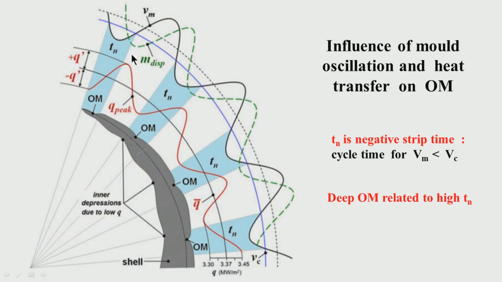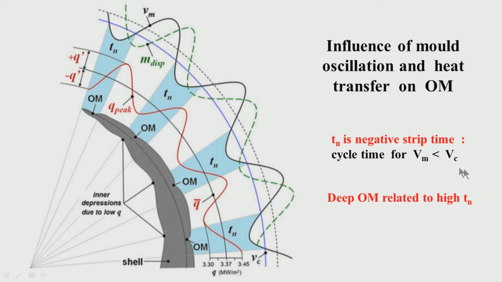Now, try to understand what negative strip time depends on. If you have higher casting speed, then what is happening? This blue line is going down. So, in the whole cycle, the portion of negative strip time also will be less, because this is low.